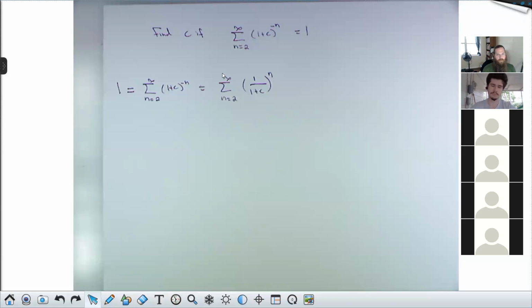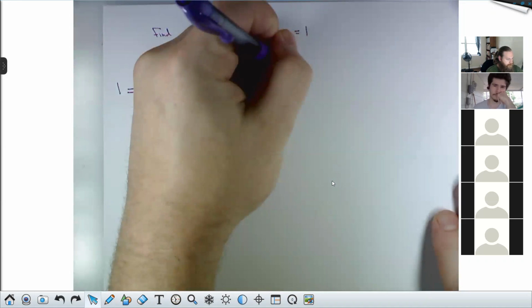What I want to do is evaluate this as an infinite series, which will give me an expression that doesn't have a sigma in it. If I can use what I know about geometric series to get a nice formula for this, then I'll set that equal to 1 and solve for c. That's the long game here. And we know that c has to be greater than 0, right?